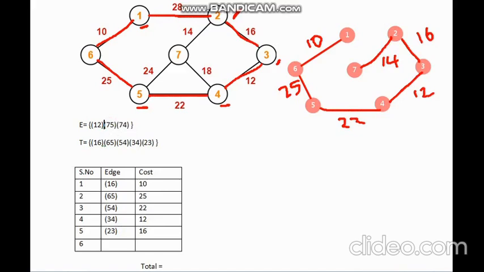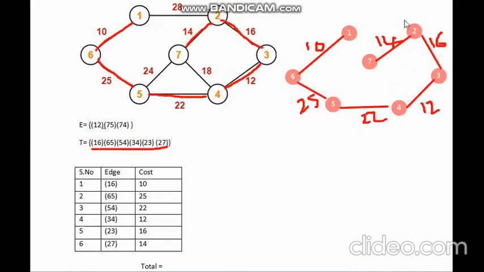Then 2 to 7, removing from E, and I am adding it in T as the sixth edge, 2 to 7 with cost 14, right? Hence no more edges are required. Hence n-1 edges are over. In T, n-1 edges, then stop.